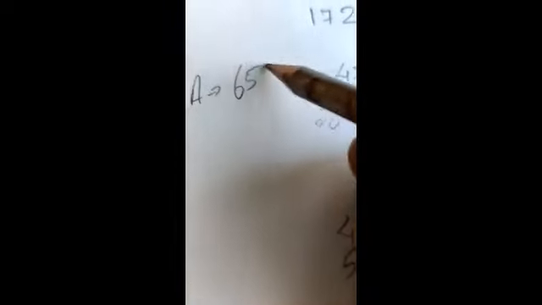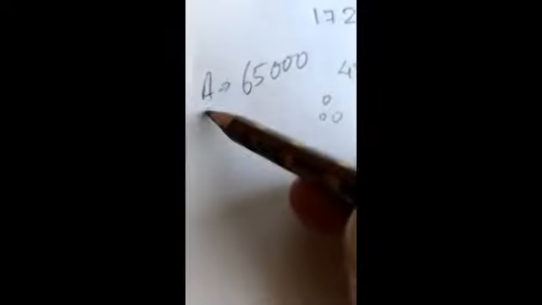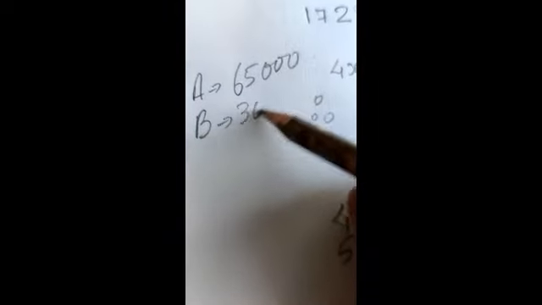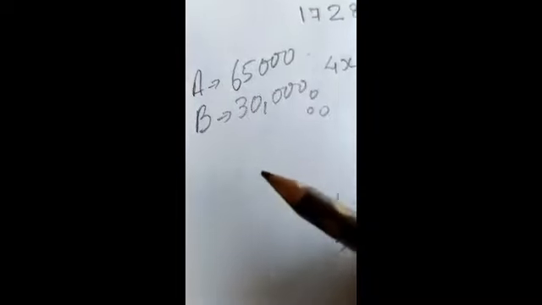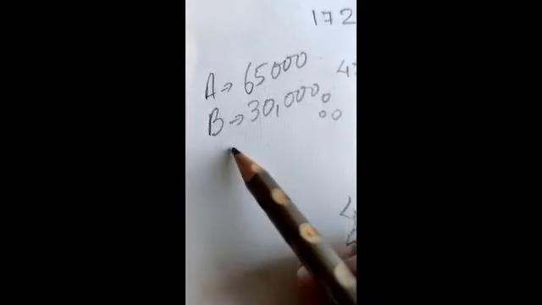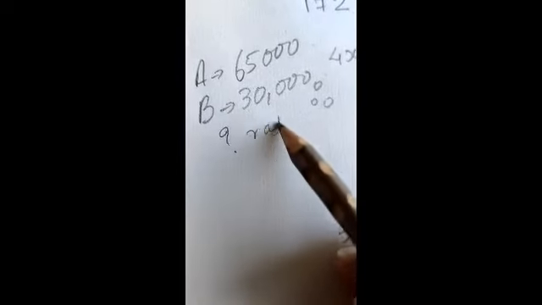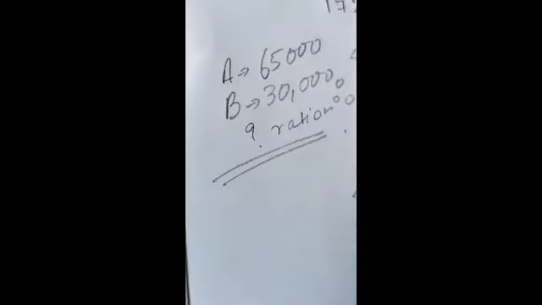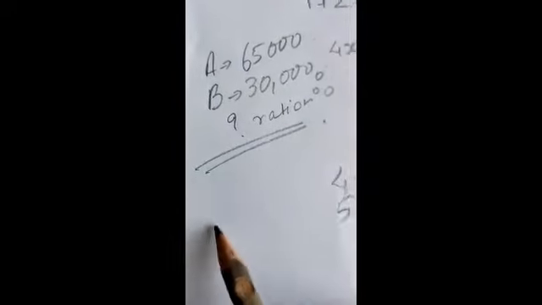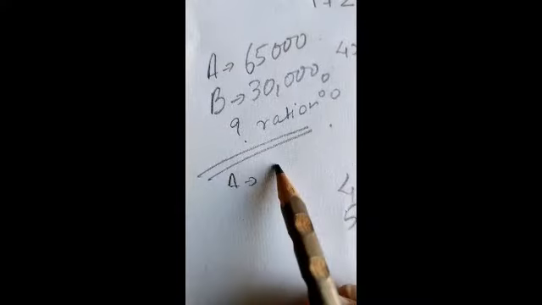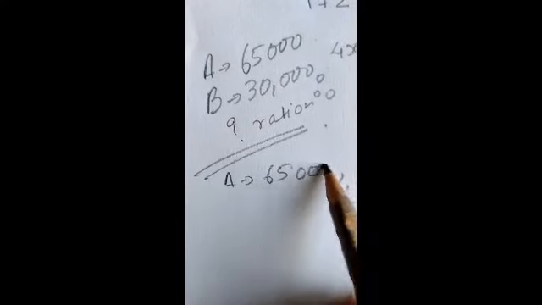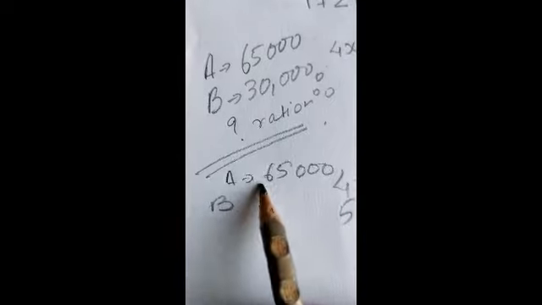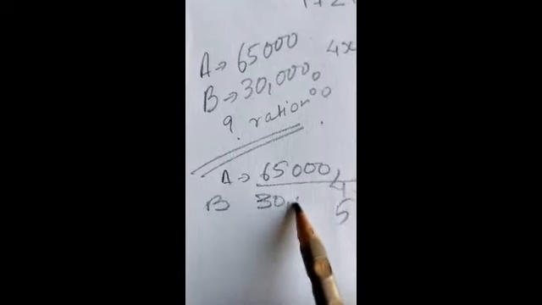Now if they're saying that A has invested 65,000, B has invested 30,000, and they are asking us to find out in what ratio their profit or loss will be shared. Now A is 65,000, B is 30,000.